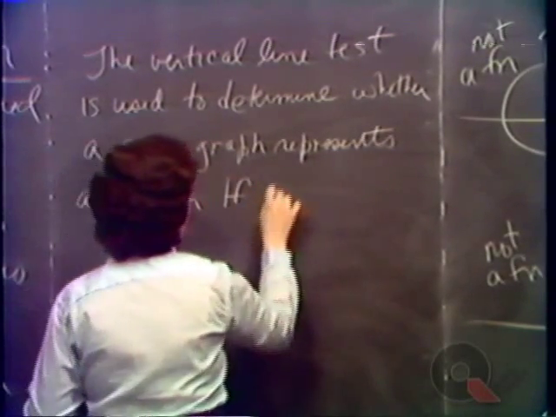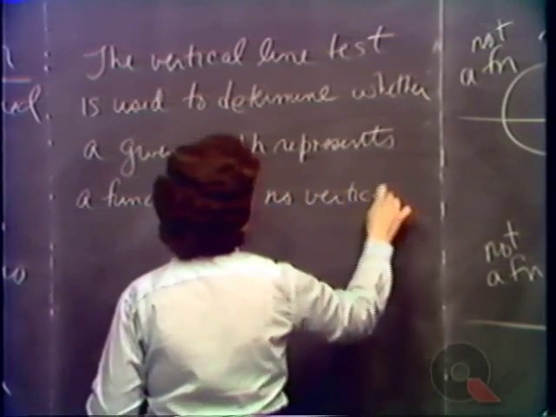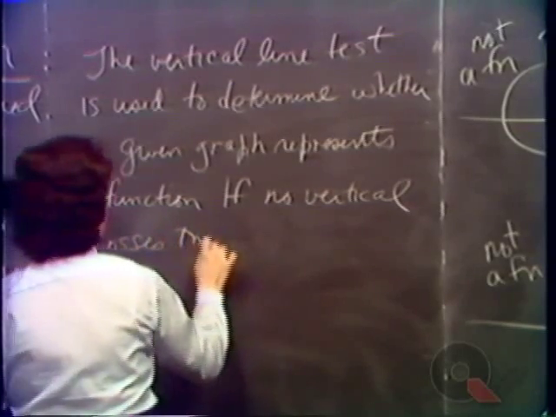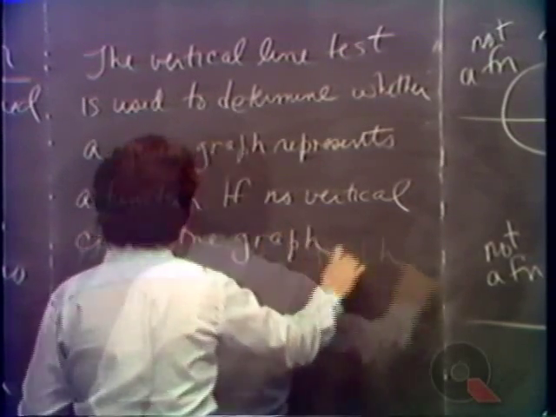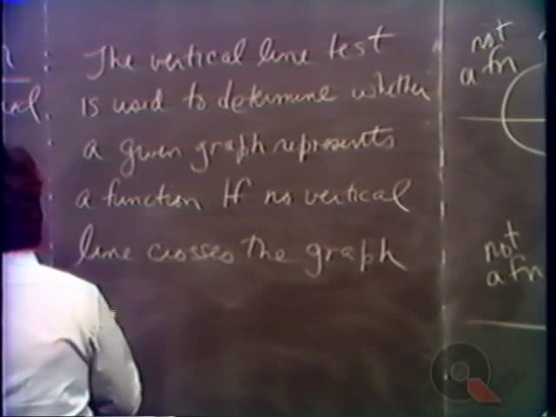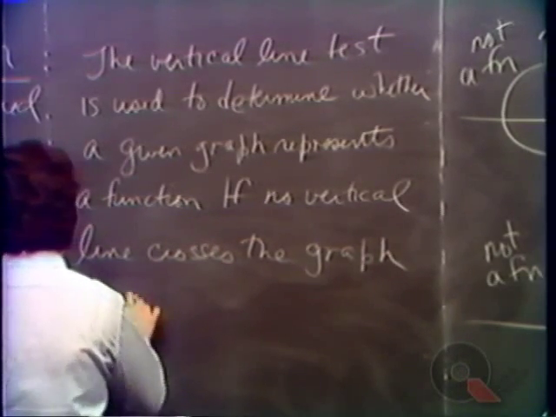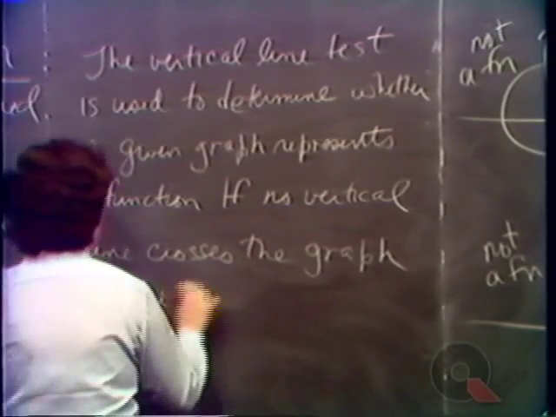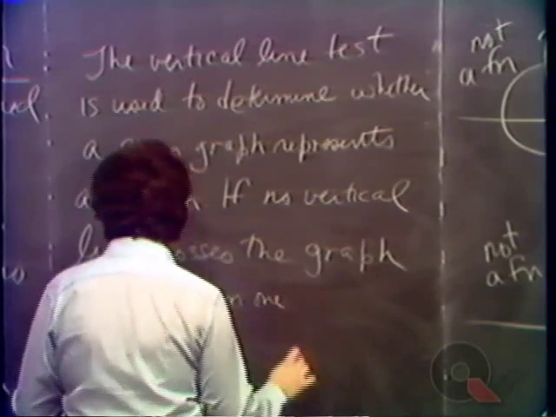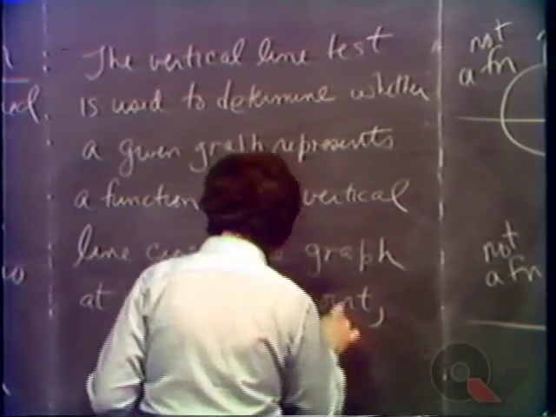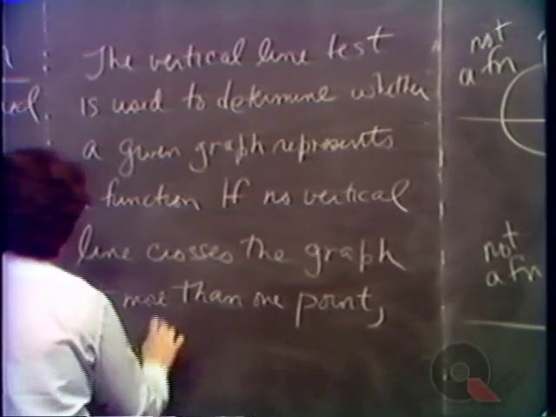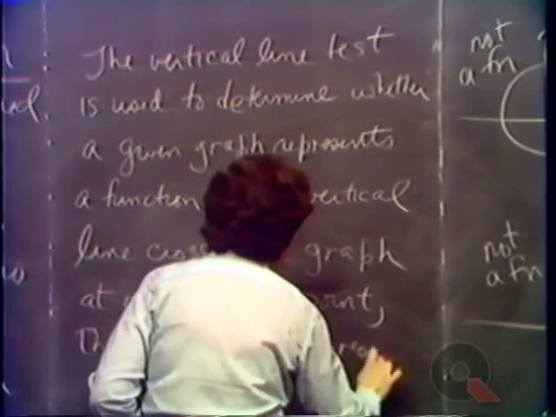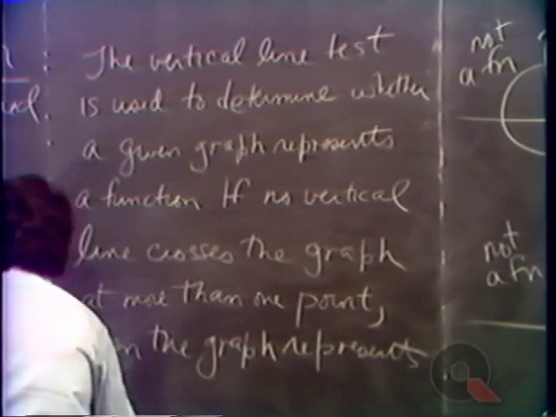If no vertical line crosses the graph at more than one point, then the graph represents a function.